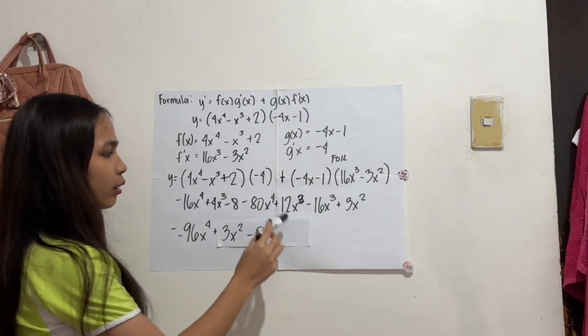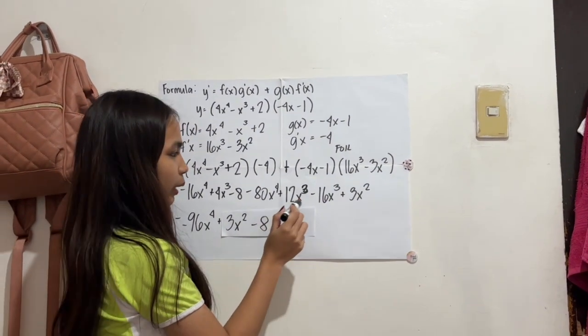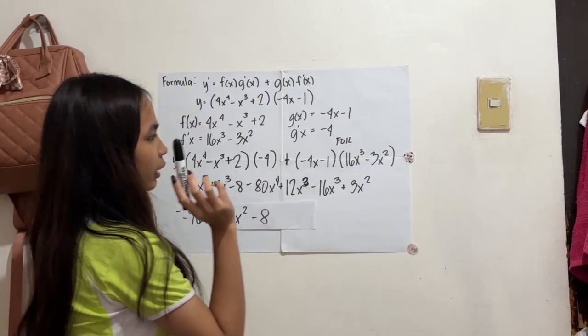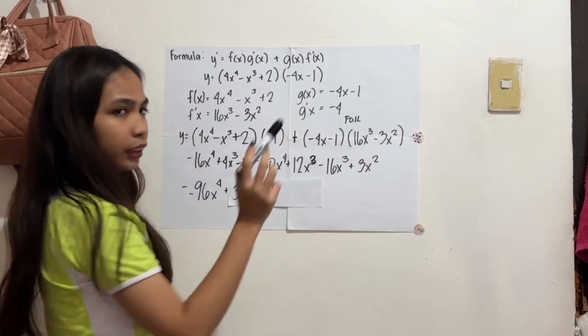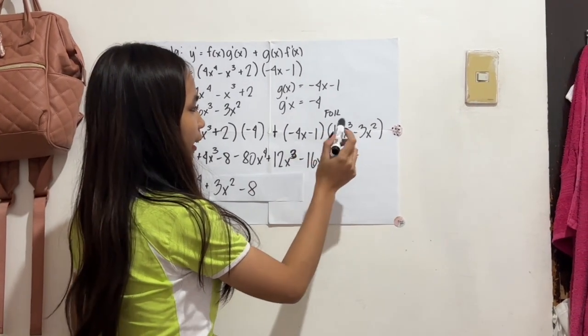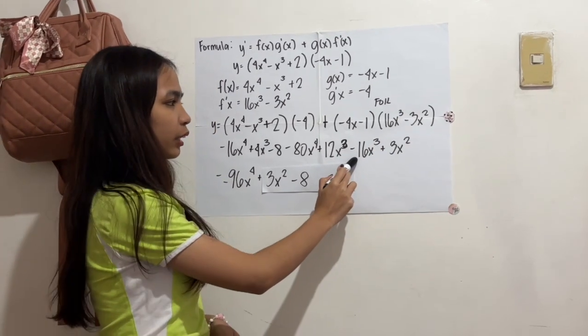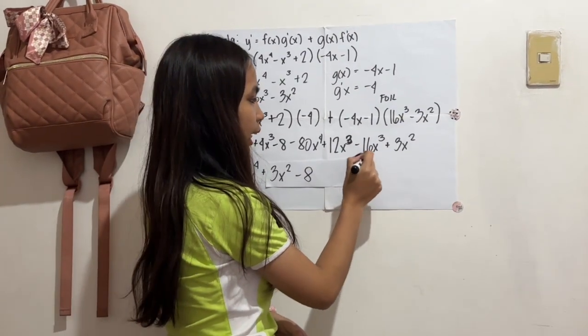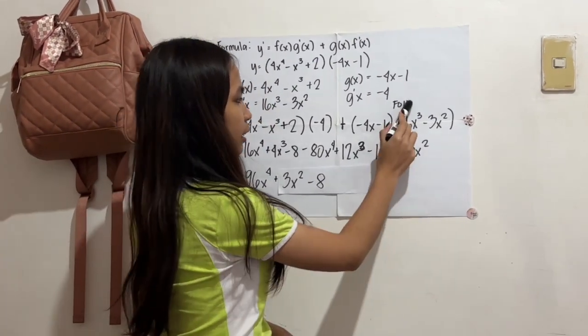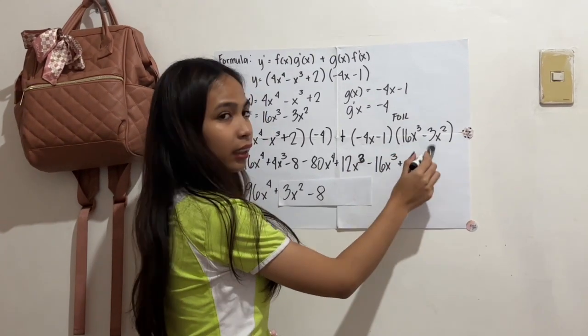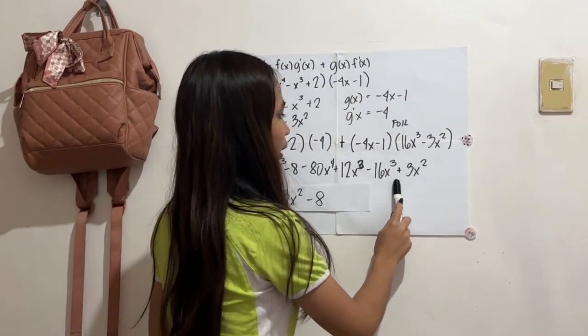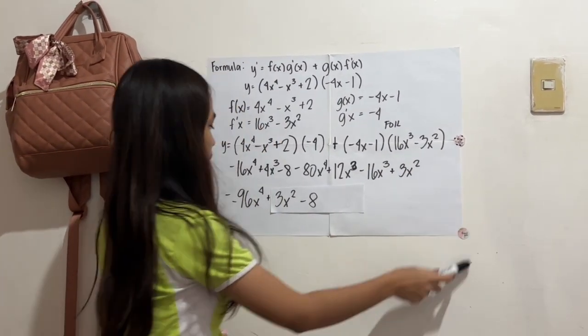Kaya magiging positive 12x cubed. Then, yung inner, negative 1 and positive 16x cubed. Kaya, yung sagot is negative 16x cubed. And yung last term, negative 1 and negative 3x squared. Kaya magiging positive 3x squared.